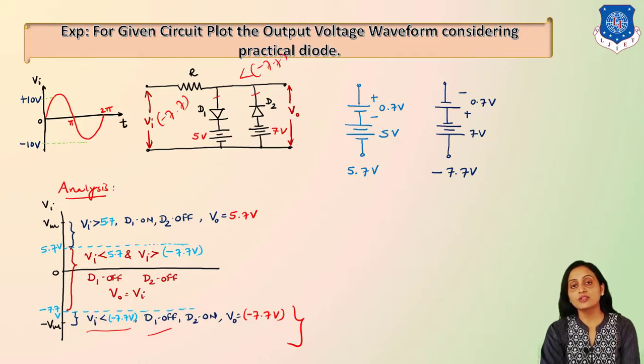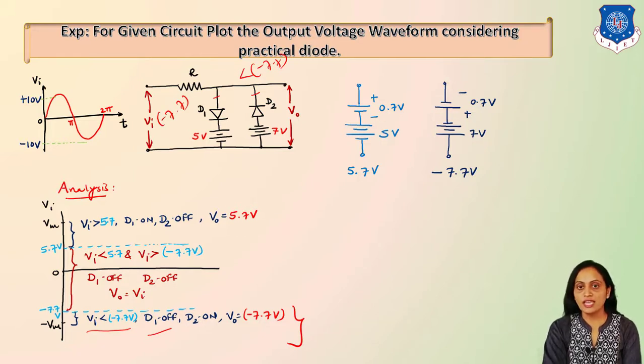So we can say for the D2 cathode terminal is at a lower voltage than that of the anode terminal, because anode of D2 is connected to minus 7, and that is why D2 is on, and output voltage when we draw the equivalent circuit will be minus 7.7.